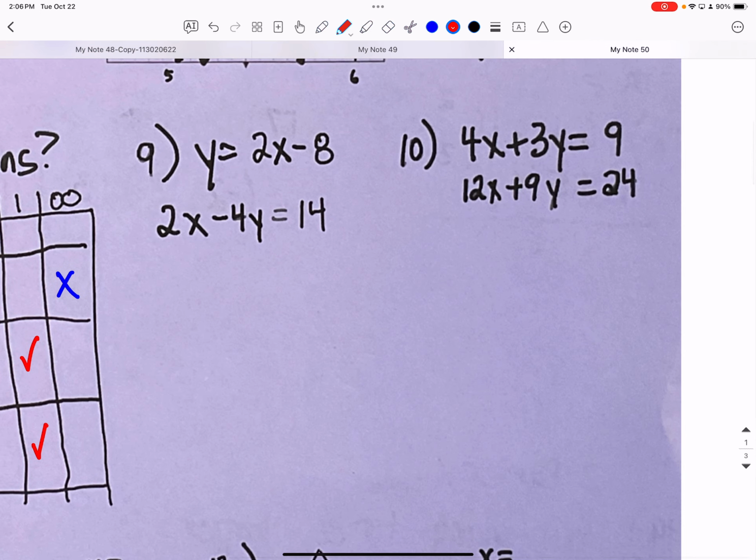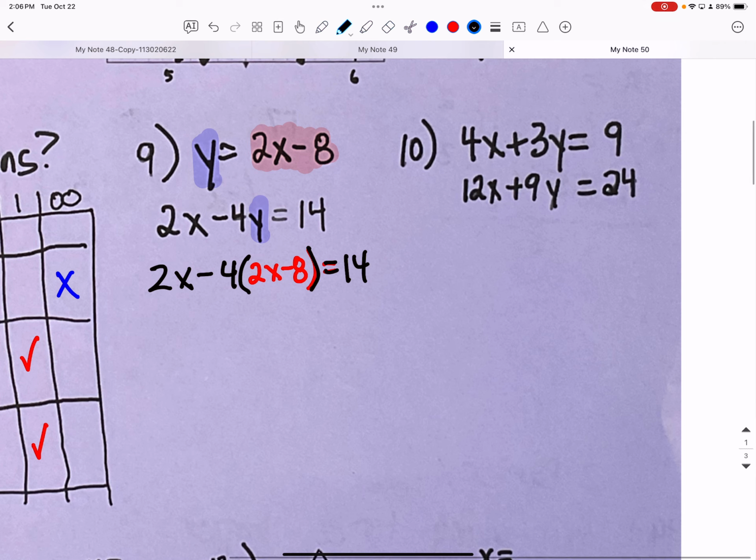Over here, let's see. Here's hi. Here's hello. I'm going to take hi out of that equation and replace it with hello. So 2x minus 4, 2x minus 8 equals 14.